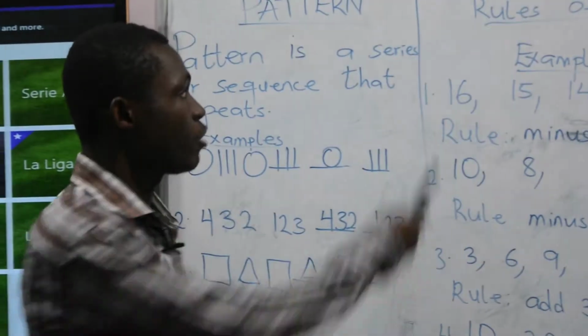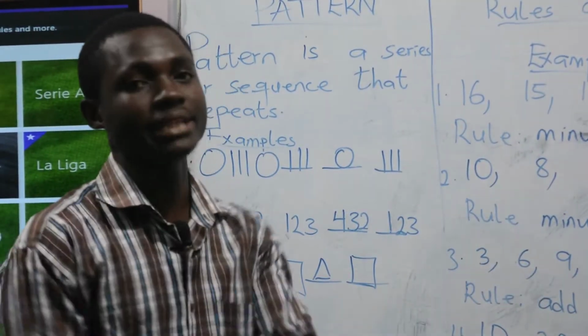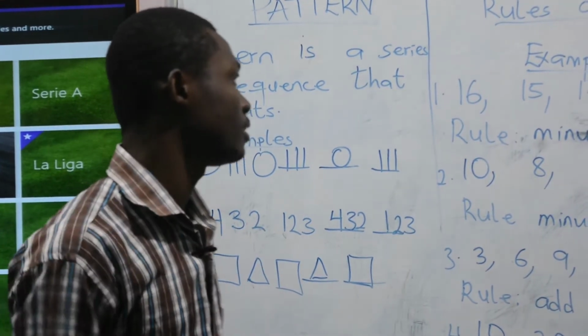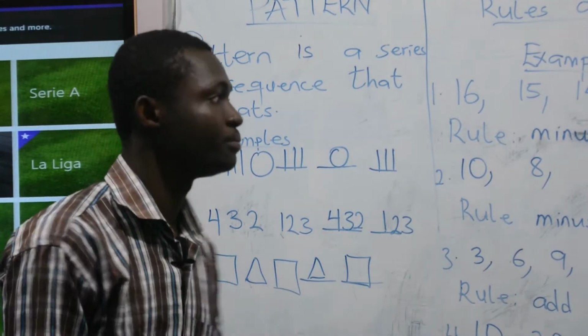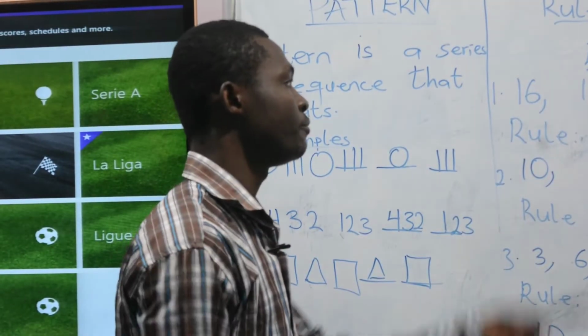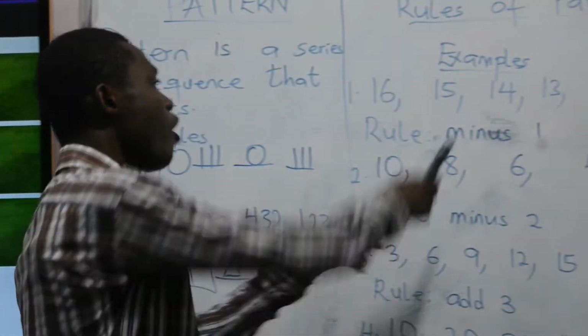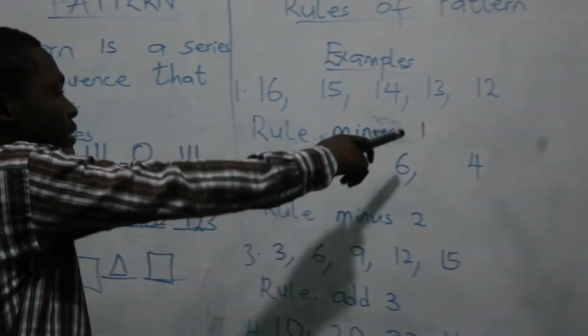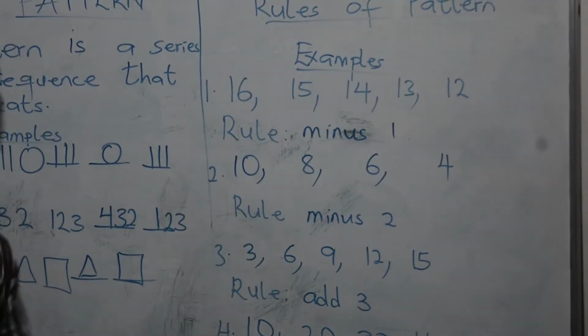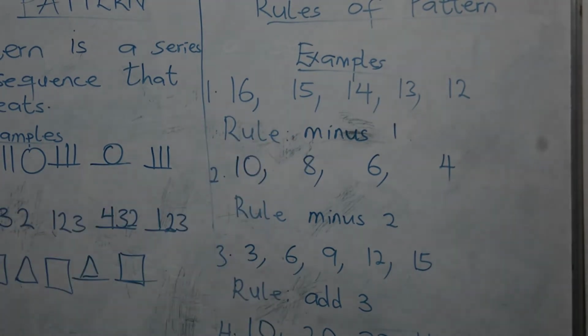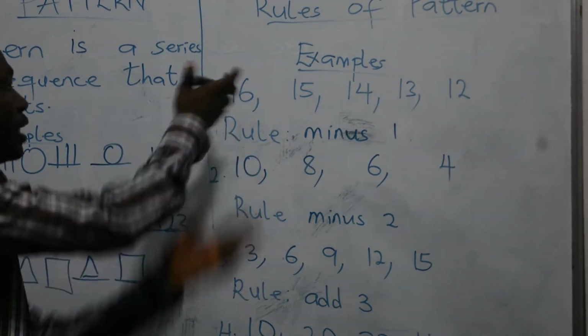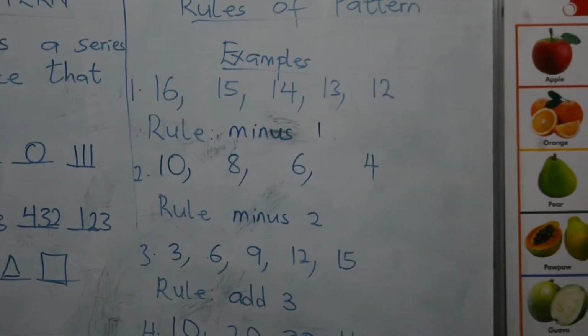Okay. We are going to look at the rules of pattern. That is the next. Let's look at the examples. Example 1. We have 16, 15, 14, 13, 12. So we are going to find the rule that they use in question 1.